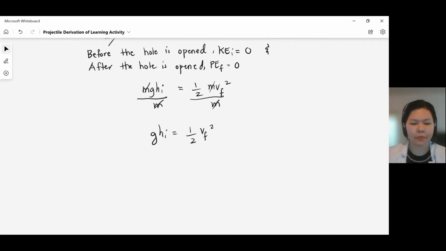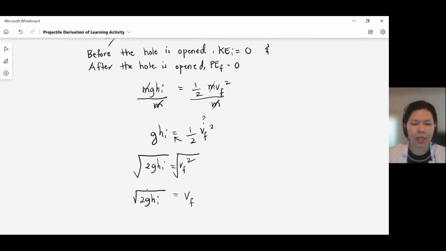And so transposing, what we are after here is our v final. Transposing our 2 to the left, cross multiply, 2 g h initial equals v f squared. And extracting the square root, we get the v final, square root of 2 g h initial.